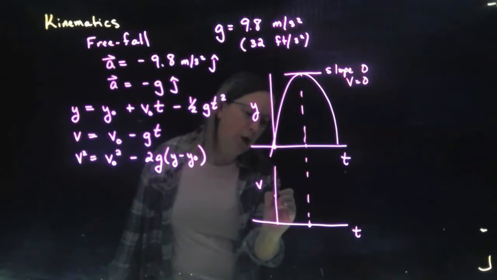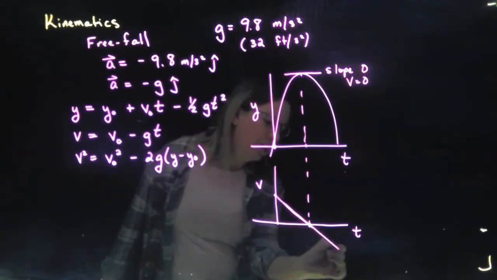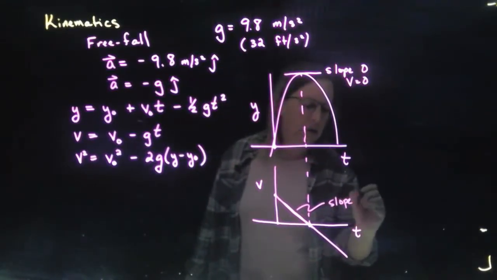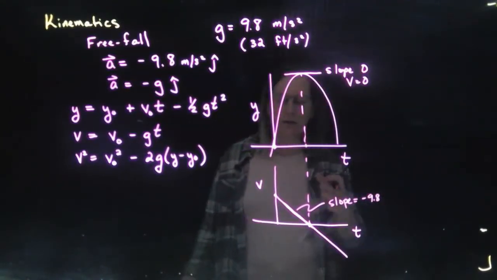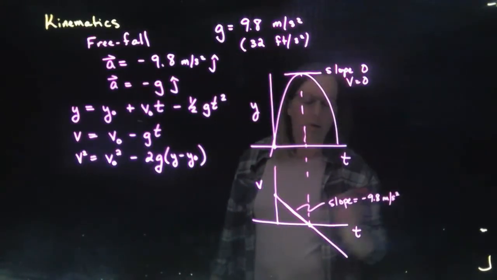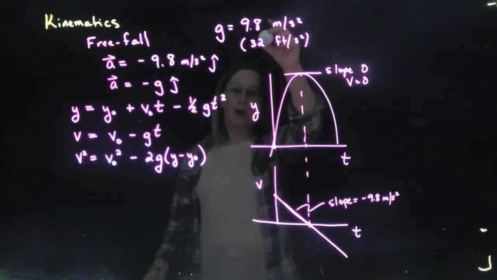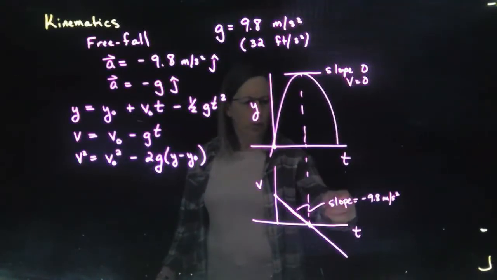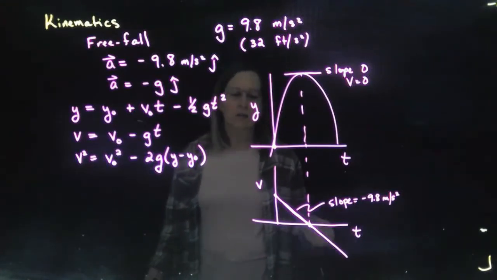So it starts positive, goes to 0, and goes negative, and the slope here is constant, and it's equal to minus 9.8, right? That's the value of the slope in meters per second squared. And so if I let this golf ball go up and come back down and go past my hand, then of course this would go below 0, and it would just keep getting faster and faster until it hit the floor.